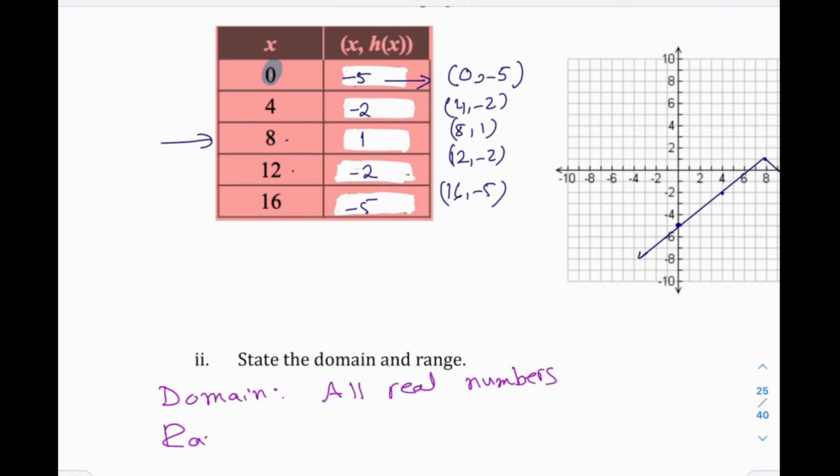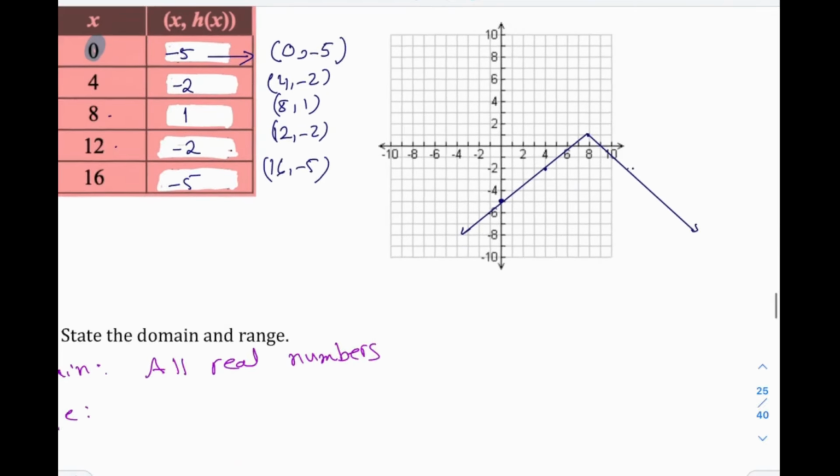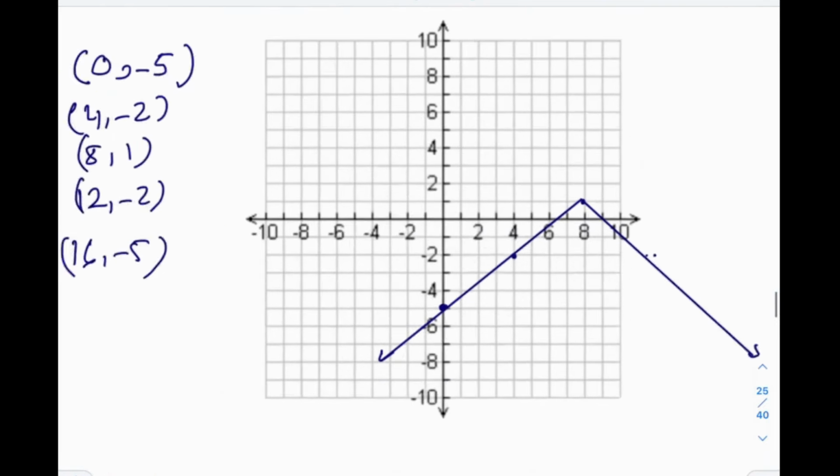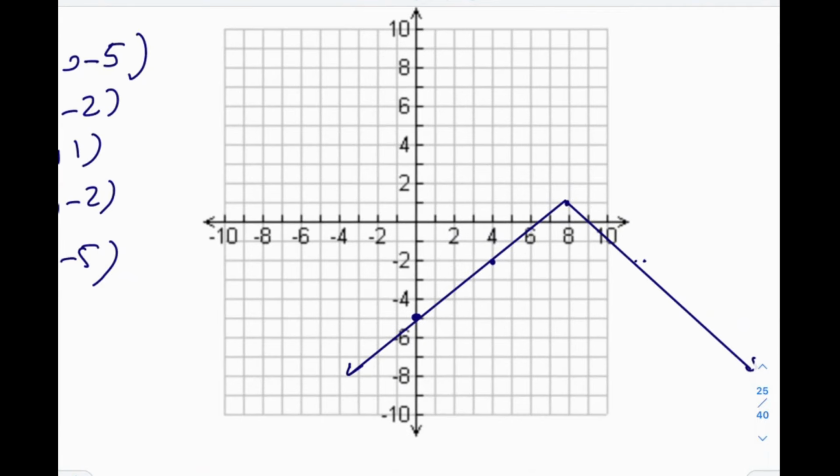What is the range? Range includes all the values of y that have been used. So as you see here, what is the maximum value of y? This one. This is the maximum y that I can see here. And everything is below this point.